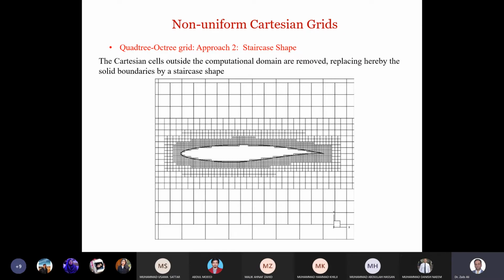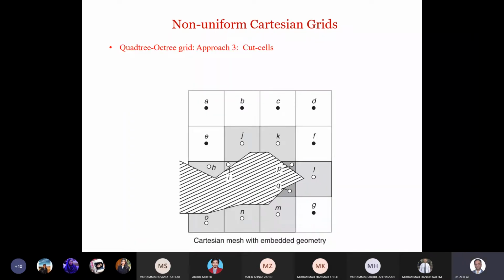Second one is the staircase shape. We have already discussed this before, that you go for this staircase representation as the curvature is changing. And the third option within the quad-tree approach is to use cut cells. Cut cells means that away from this solid surface, you have perfect squares or Cartesian meshes. But to account for this surface, you cut your cells to adapt to the curvature.